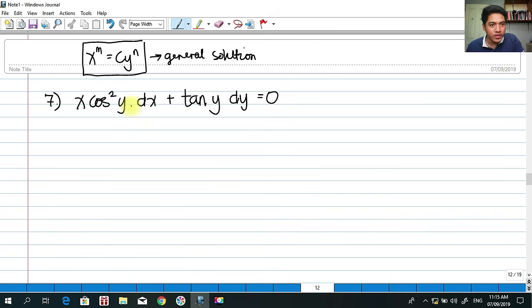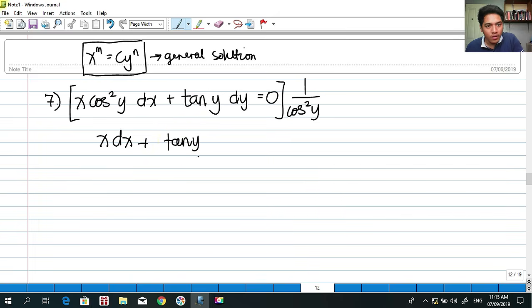As you can see here, the problem is cosine squared of y, so we need to move it. We can multiply or divide both sides of the equation by 1 over cosine squared of y. So what will happen? We have x dx plus tangent of y over cosine squared y. Let me just rewrite this.